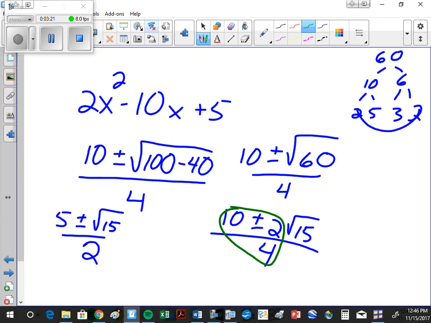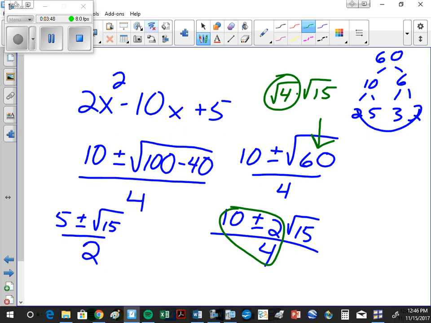So basically what we're doing, and everybody watch this: does 60 have any perfect squares in it? 1 isn't going to do us any good, but does 4 go into 60? Yes, 15 times. So basically we're saying the square root of 4 times the square root of 15, and that becomes a 2. That's what the factor tree does for us.